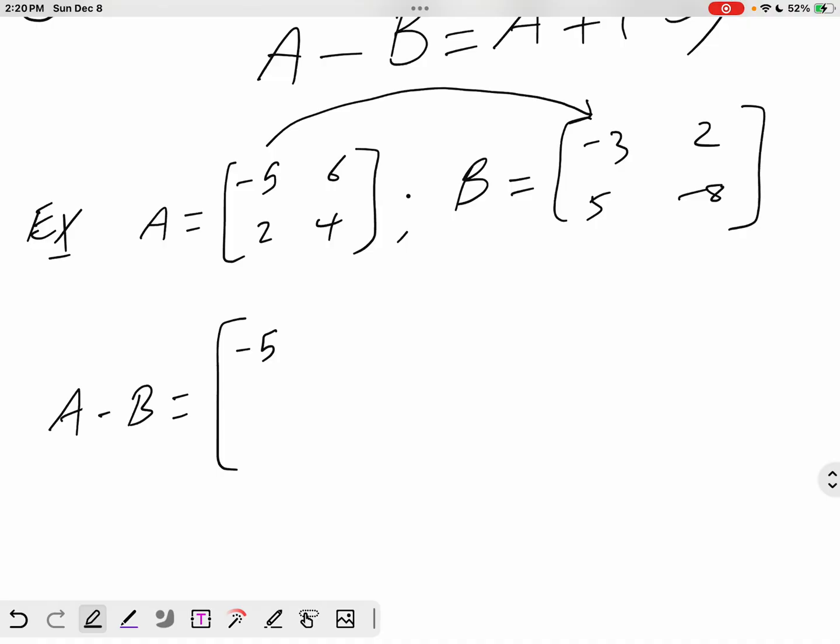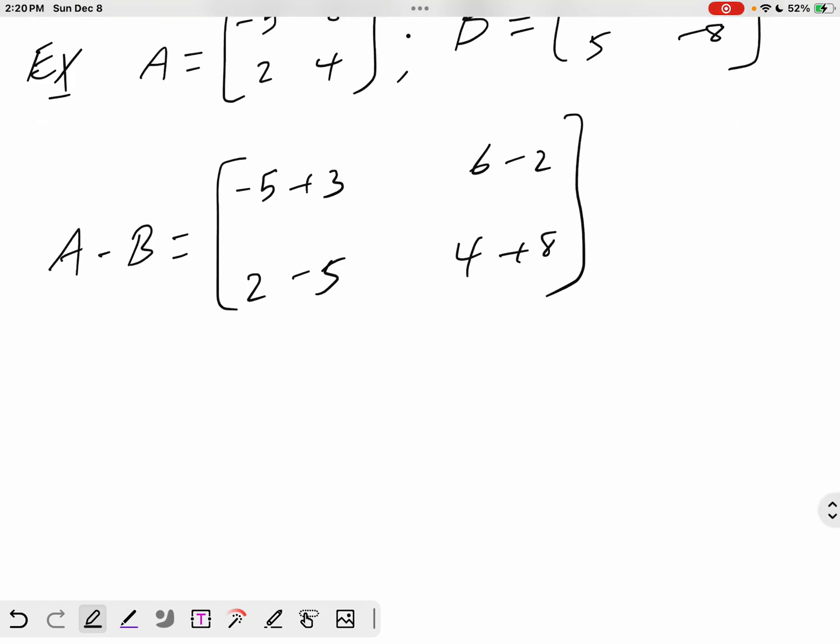Subtraction is adding the opposite. So in this case, it's going to be negative 5 plus 3, 6 minus 2, 2 minus 5, and 4 plus 8. All those become the opposite. So A minus B is [-2, 4; -3, 12], and that is the answer.